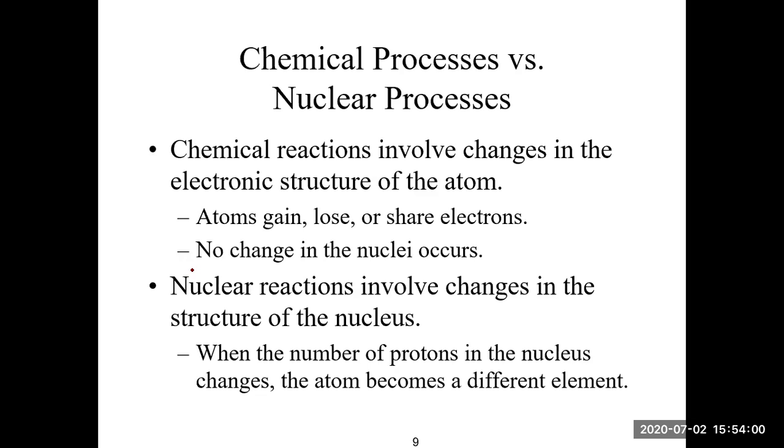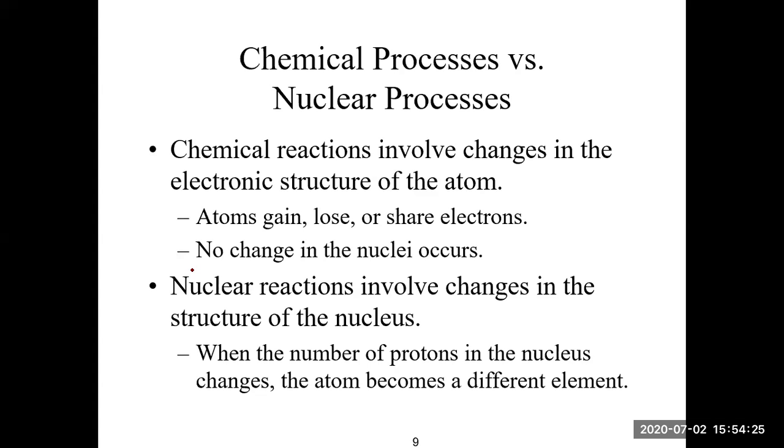Also, as we will see and talk about, a nuclear reaction compared to a chemical reaction has quite a difference in terms of energy involved. Obviously, if you're getting into that nucleus, it requires a lot more energy to change those protons and neutrons into something else than it does when those electrons are flying around.